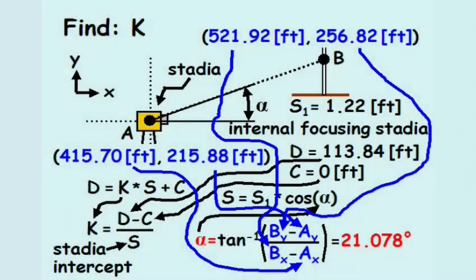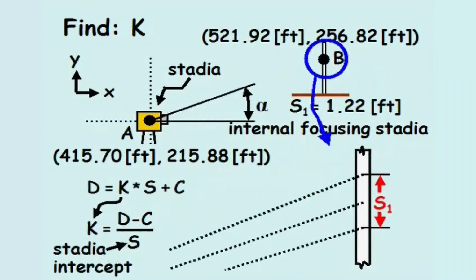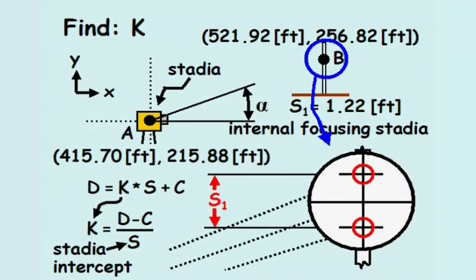Next, we need to plug in the value for S1, which the problem statement provides as 1.22 feet. If we zoom in on point B, we can identify the length S1 as the distance between the top and bottom crosshairs when viewing the measuring rod through the stadia.